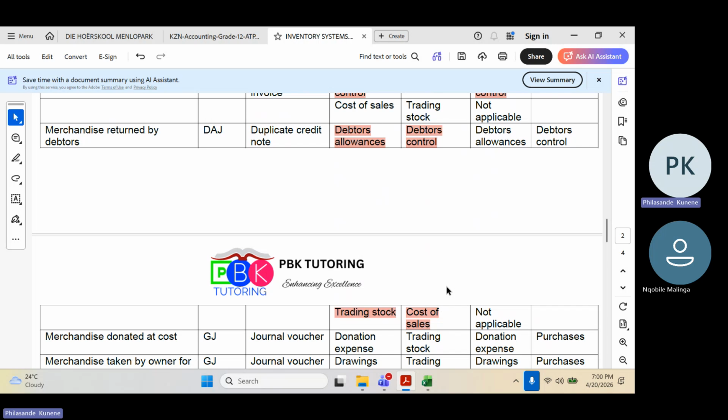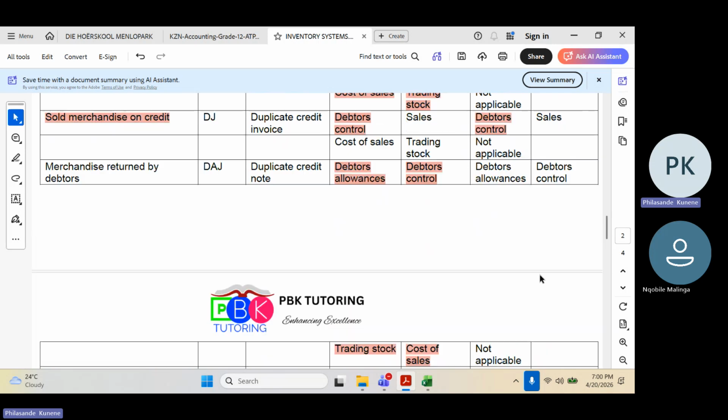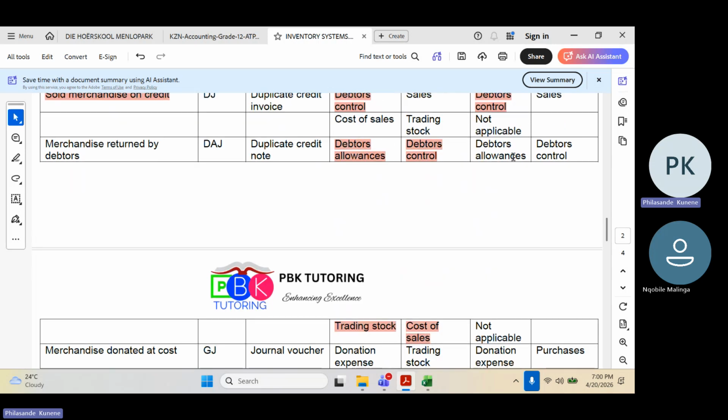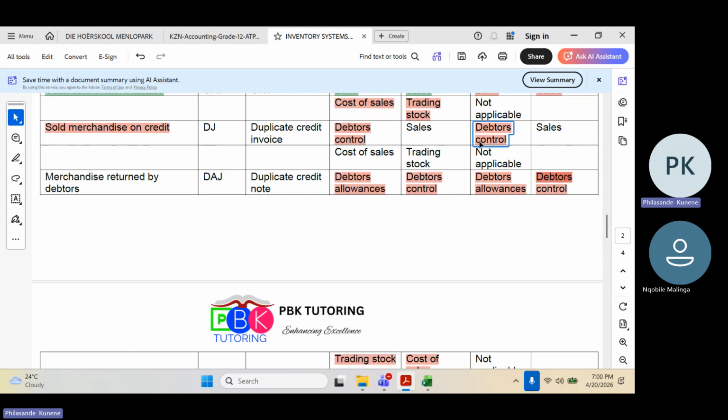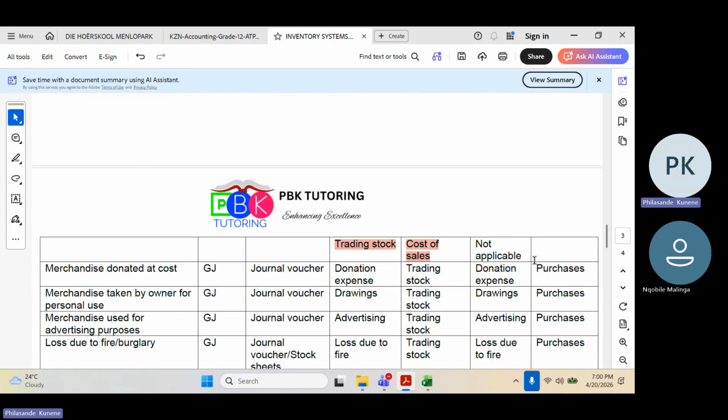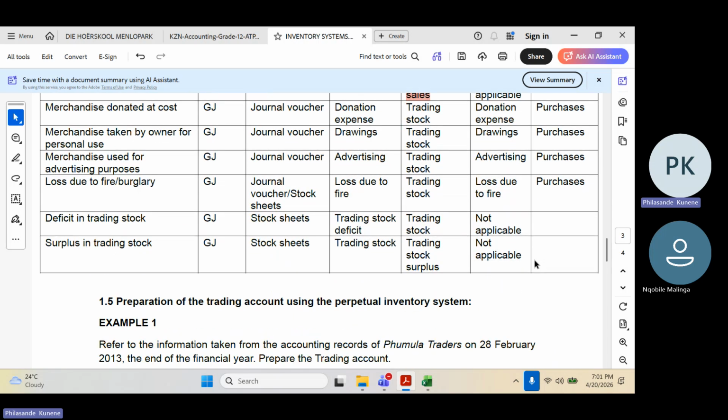That's why we're going to debit trading stock and then credit cost of sales. Then this side, we're saying debtors allowances debits, and then debtors control credits. That's the only thing we do here, because we're just reversing those sales and debtors, but the other lines are not applicable.